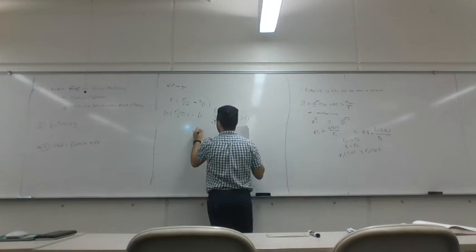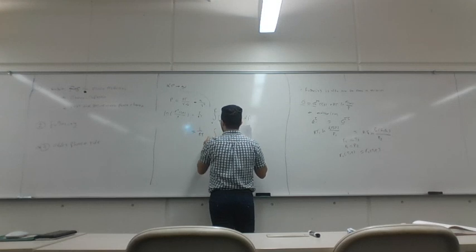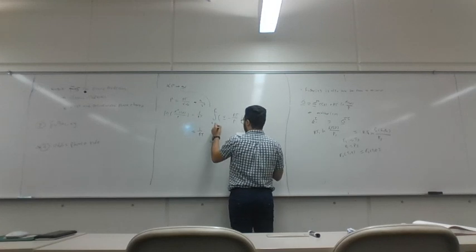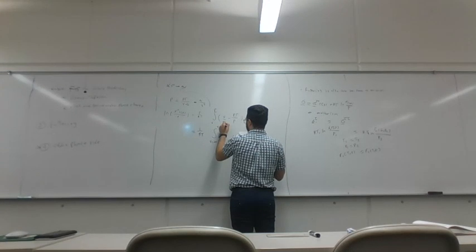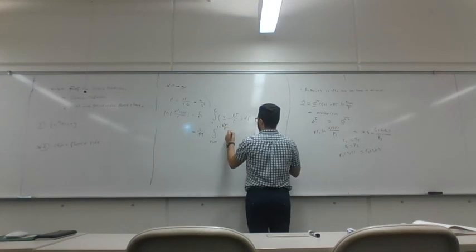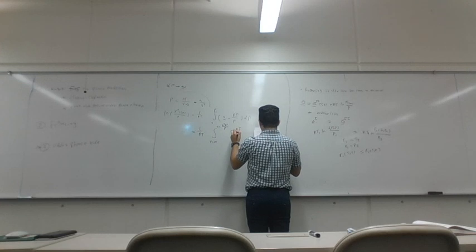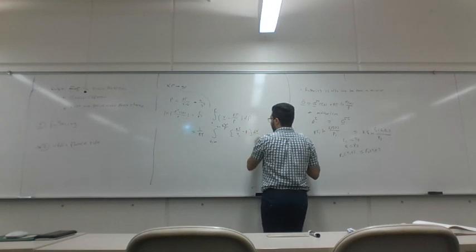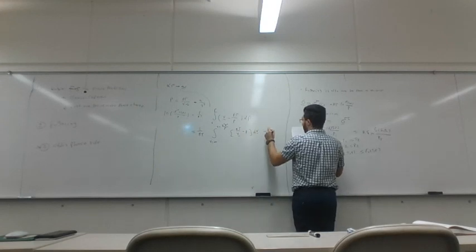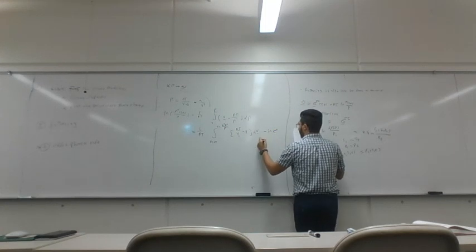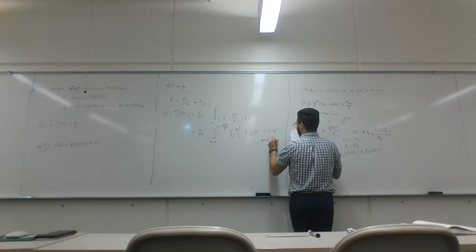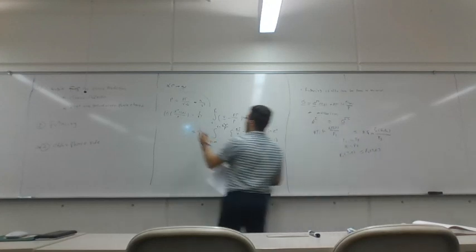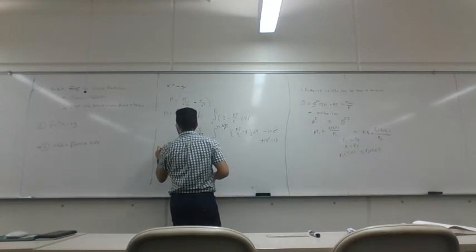So I have 1 over RT integral from V equal to infinity, this is my gas, instead of V equal to 0, of RT over V minus P, dV. Then I have another two terms, Z minus 1 and ln Z. This is the fugacity of the vapor phase, with V being the vapor volume.